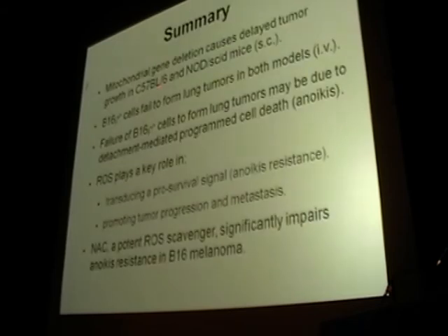So in summary, the mitochondrial gene knockout model that I've described is associated with delayed tumour growth in 2 different mouse models, one of them being immune compromised. These cells failed to form tumours in lung when injected intravenously in both wild type and immunocompromised mice.